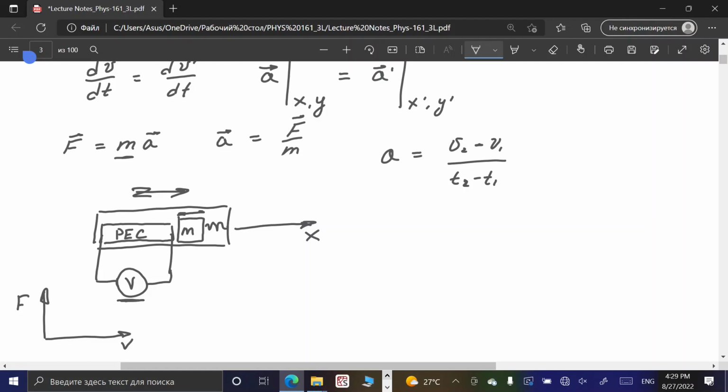However, if we want to be sure that we are measuring so-called inertial mass, then we need to do this experiment in such a way that we measure specifically inertial mass, not gravitational mass.